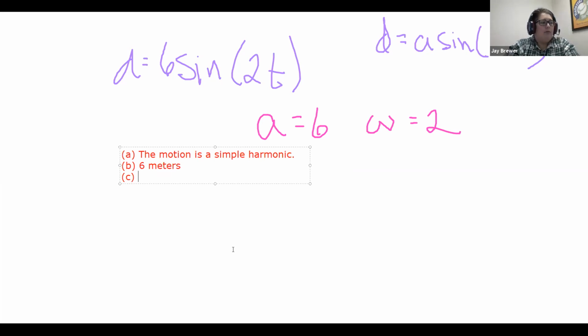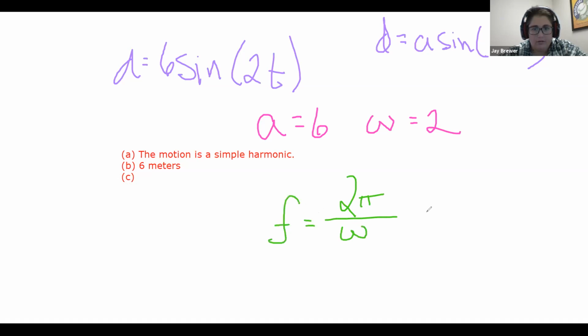All right, so the time required for one oscillation is the period. So here's what we know with that formula. We know that 2 pi over omega will be the period. So then 2 pi over what?